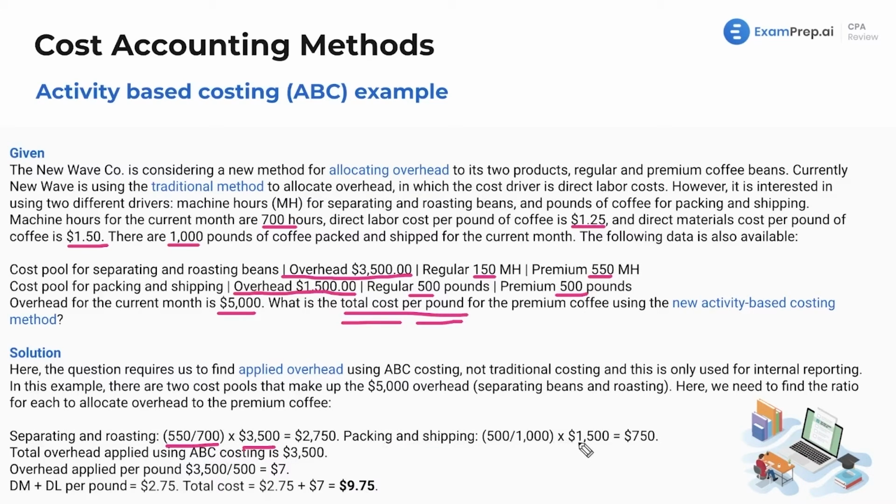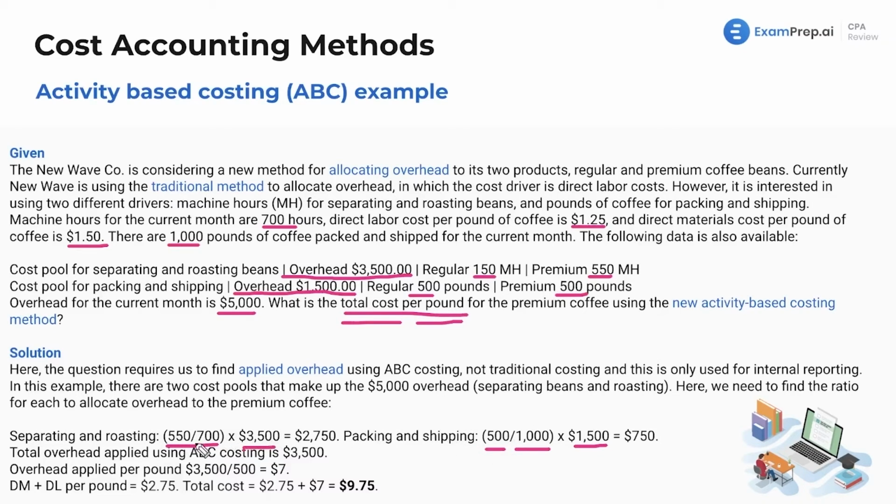Same with packing and shipping. The overhead cost is 1,500. That's what you're allocating. And then what's the percent that belongs to premium? 500 divided by 1,000. And you'll see this trend over and over with all these allocation methods. It's just what's the overhead you're allocating, then what's the percentage that belongs to the activity, right? Or to the specific item we want to allocate to.